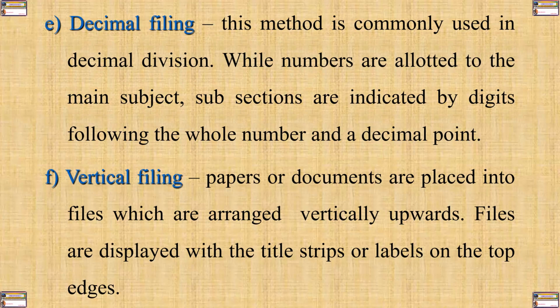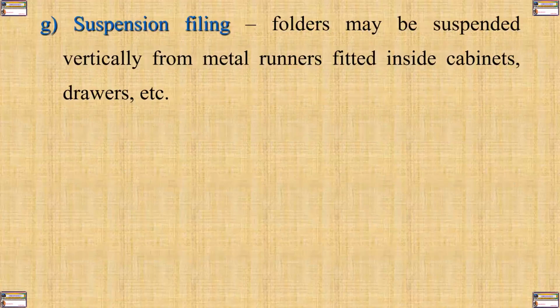In vertical filing, papers or documents are placed into files, which are arranged vertically upwards. The files are displayed with the title strips or labels on the top edges. The other method of filing is suspension filing.